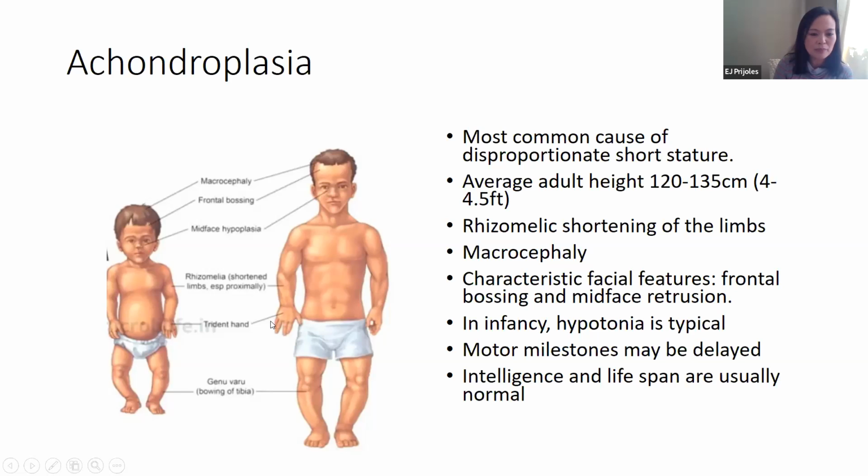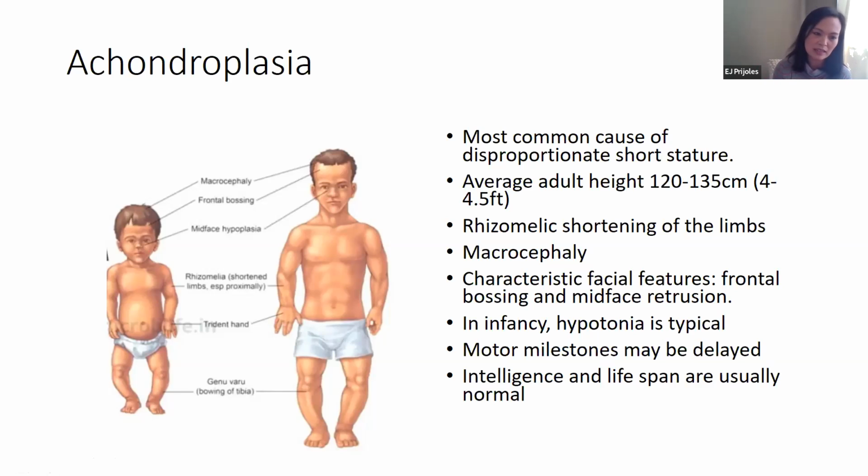These individuals can have particular hand findings with trident hand appearance, meaning that the fingers are positioned in a way that looks like a trident.